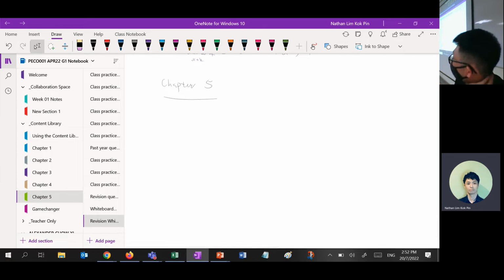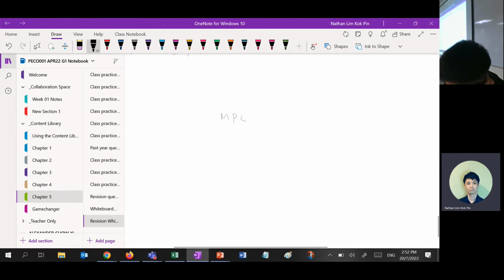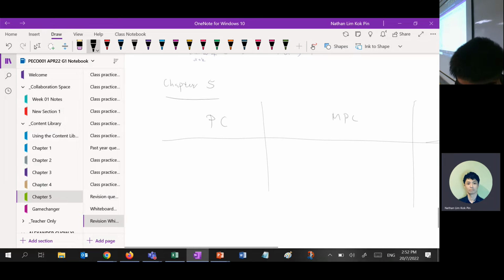Chapter 5, 4 types of market structure. The PC, MPC, oligo, and mono. All right. I don't know why is it so hard for you? It is very easy stuff, right?